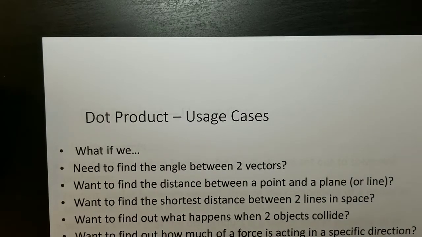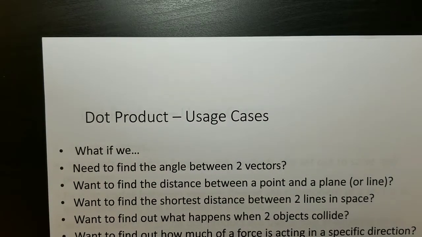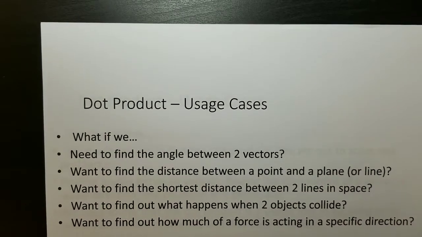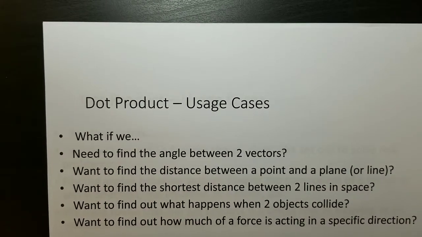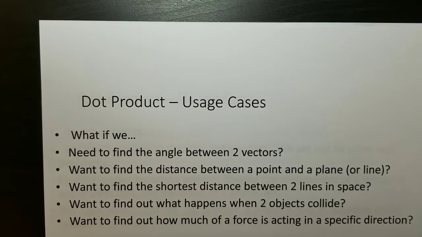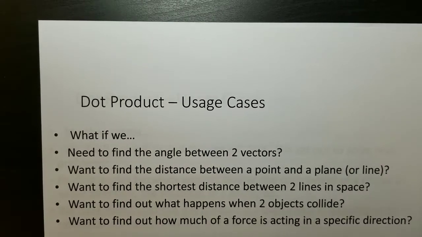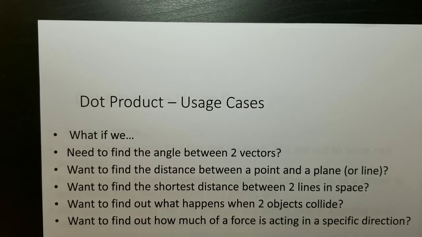So the dot product on the surface, when we get to the formula and the method, looks a little bit arbitrary and random, and people might look at it and think, well, why are we even doing that? The dot product was not invented just for fun to see what kind of weird math we can do with different vectors.